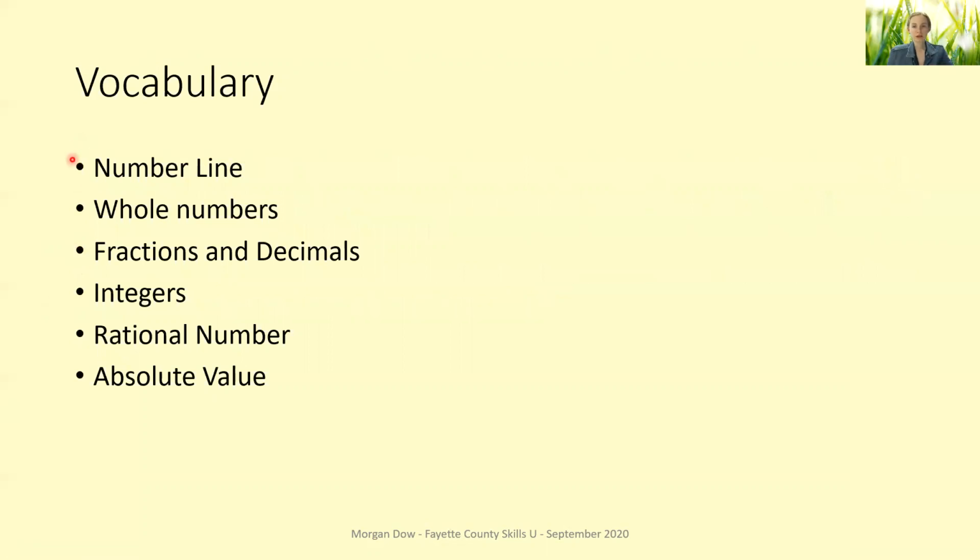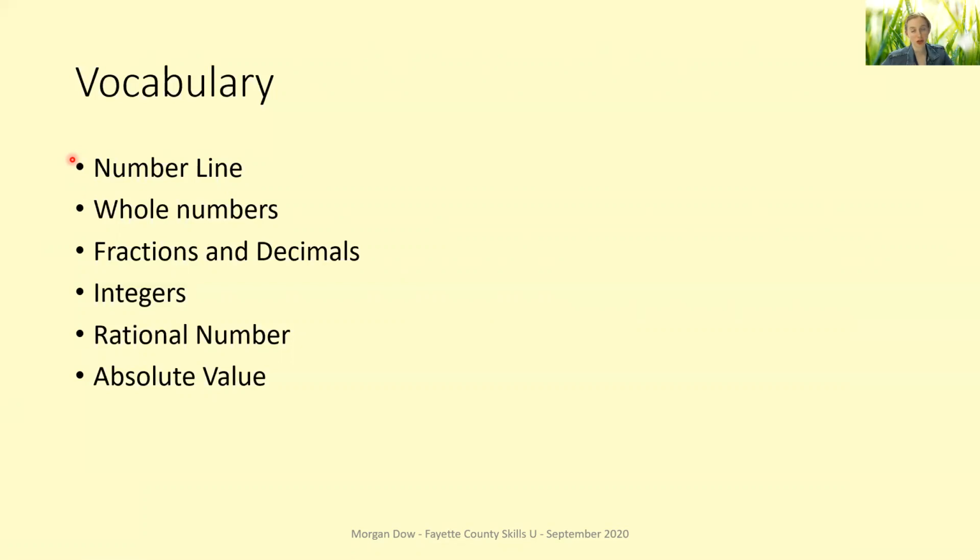So some important vocabulary we're going to be using and working with today. We're going to be talking a lot about number lines. So number lines are a visual way of representing numbers and the order that they go in. We're going to be working with whole numbers, and we're going to be working with fractions and decimals. So fractions and decimals are numbers that show a part of a whole. We're going to be working with integers.